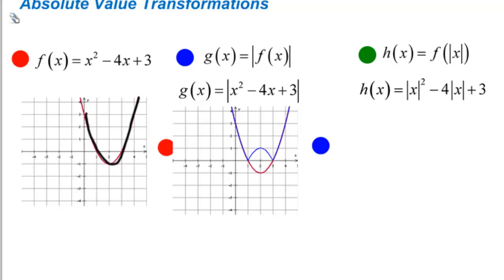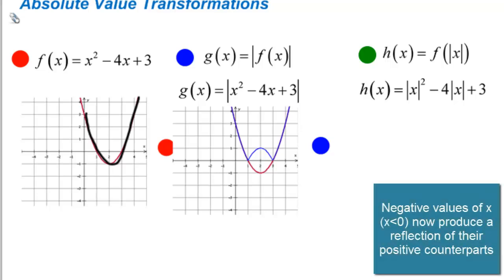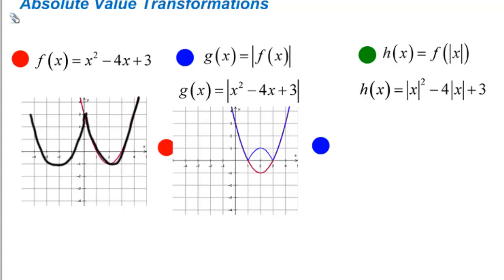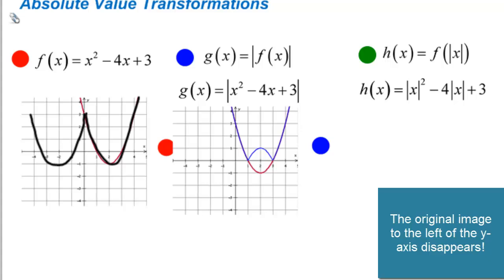So for every negative value, I should get the same value I got from the positive value. A mirror reflection of that positive image that I've traced here in black. So I should get something like that. Now these original values for y when x was negative no longer exist in my new graph because I can never actually use a negative number in my expression.